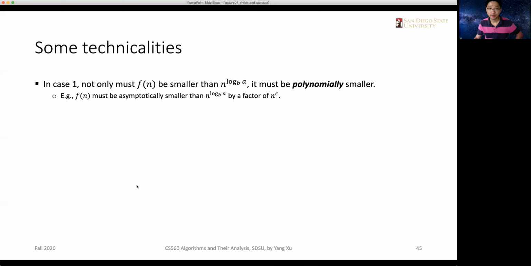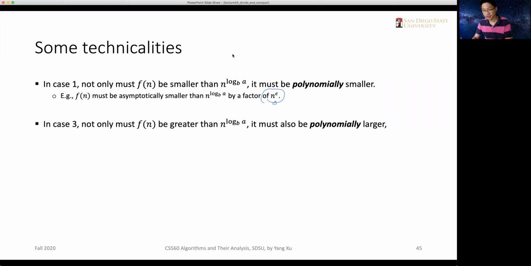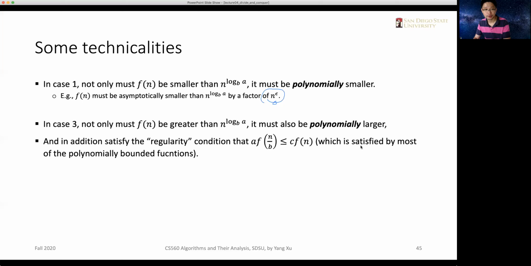It must be smaller by a factor of n to the power of epsilon. This epsilon can be really small, can be any value, but there should be an epsilon. In case 3 it is similar: f(n) should be greater than the polynomial function, but it also must be polynomially larger.